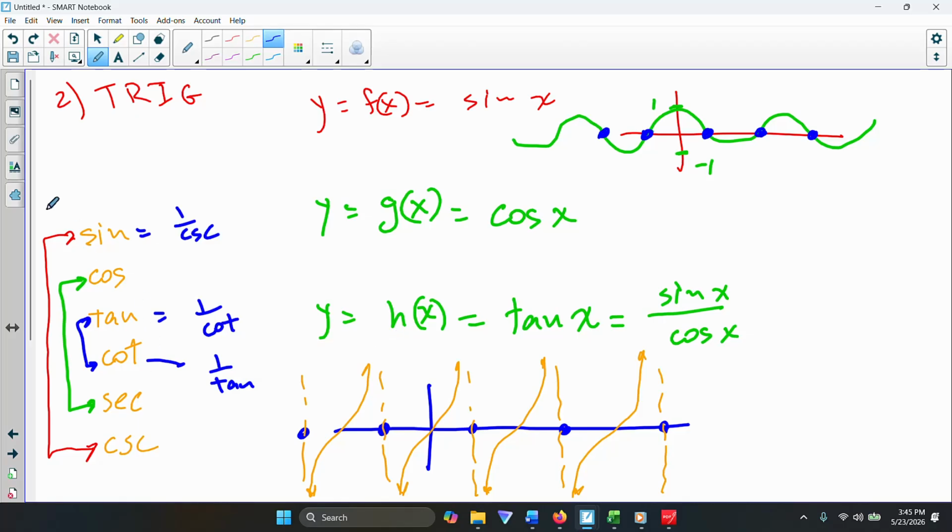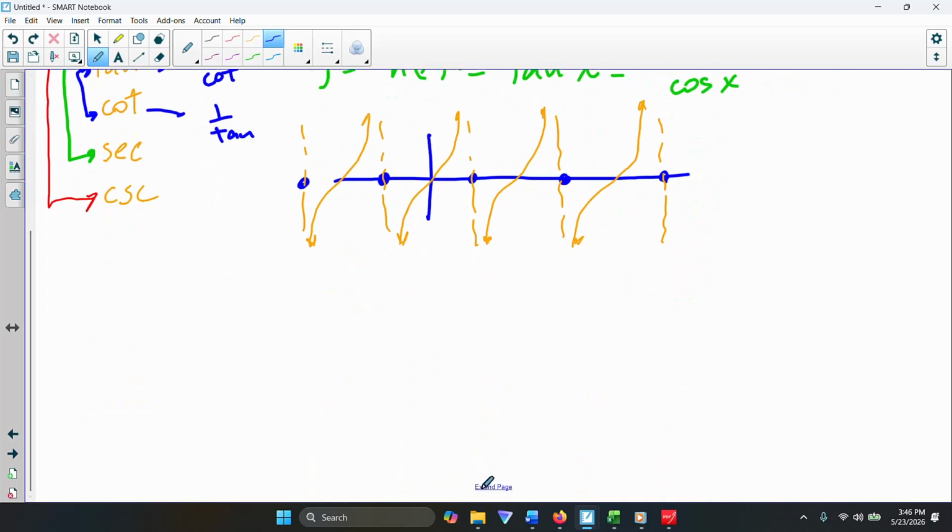So understand that. I'm not going to go too deeply into identities. I think when we get to this in class, I will go over whatever identities we really need. But you know what? The only identity I will, I mean, well, these are identities.